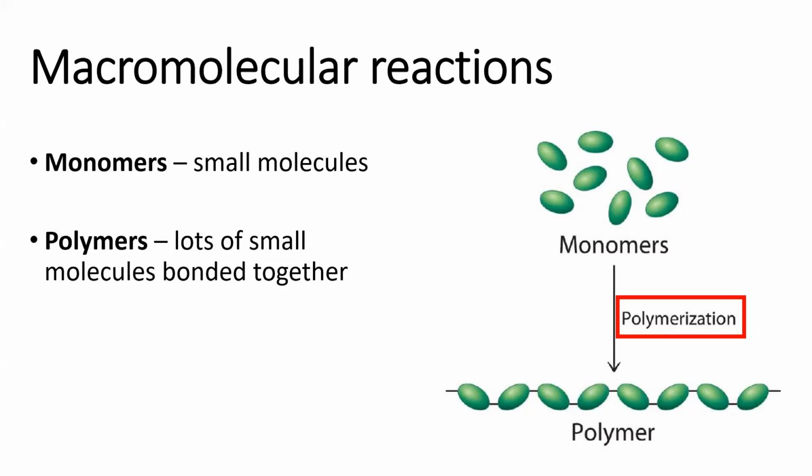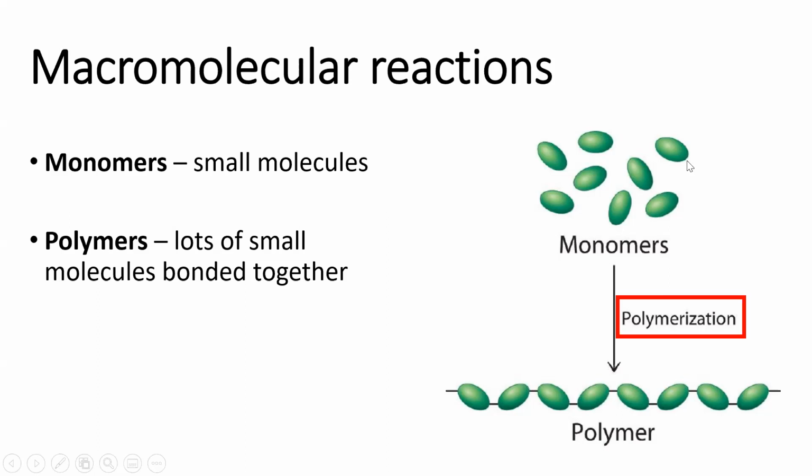Basically, the macromolecules that we're going to be discussing have monomers, which are the small molecules, the units that they're made up of. That's the smallest unit that they can break down into. And we have the polymers, and the polymers are when you take the multiple monomers and link them together.